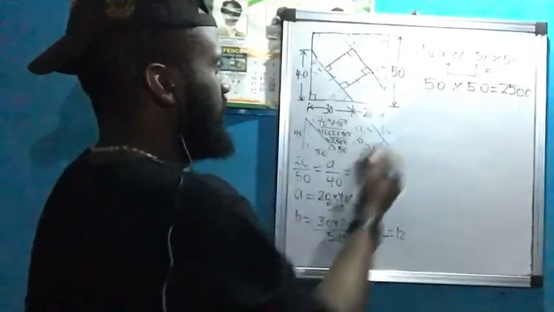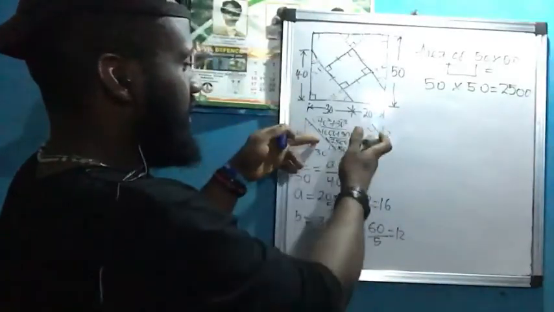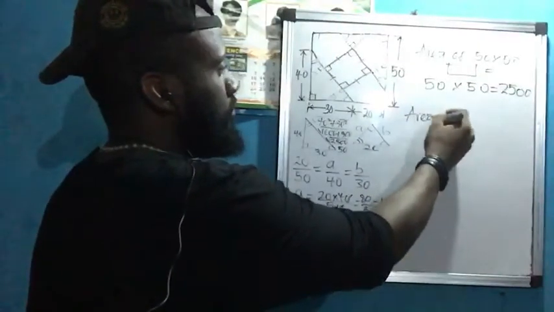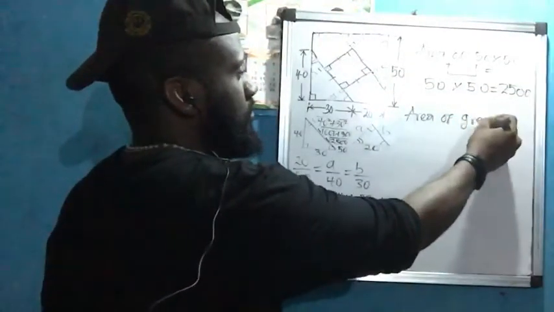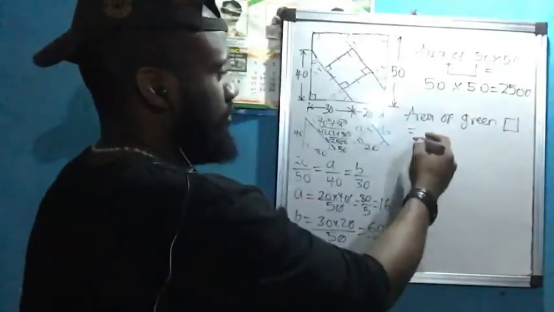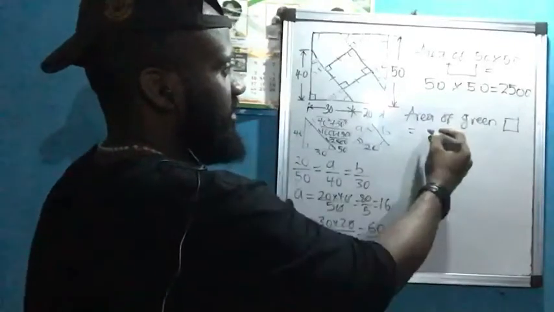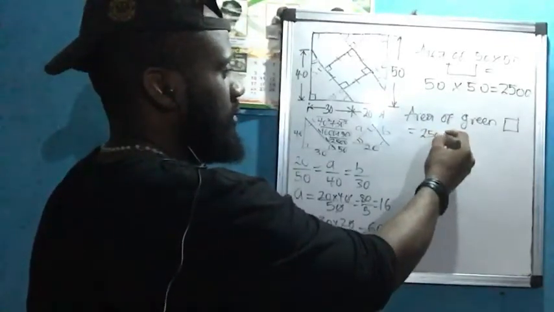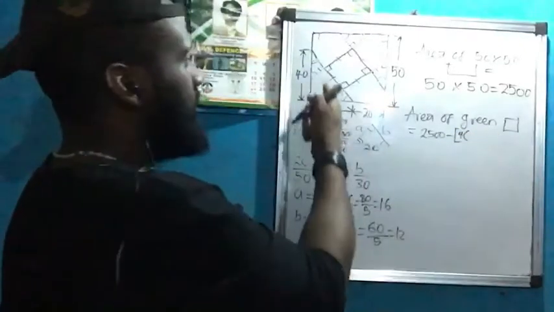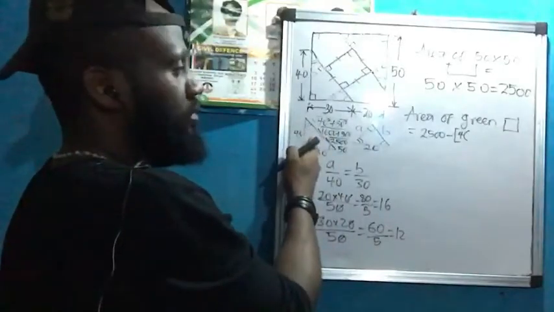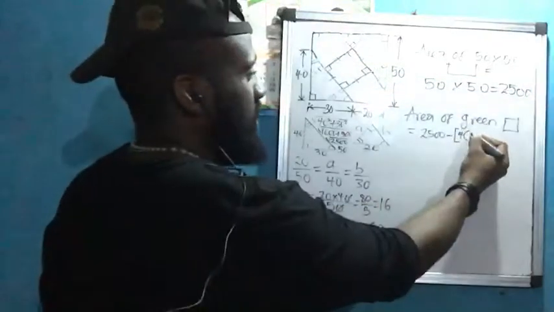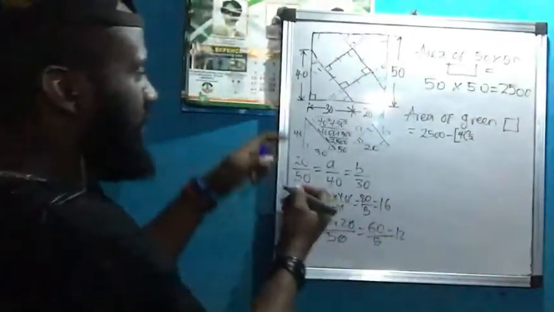Then, because we already have these areas now, the area of the green square would now be equal to the area of this big square minus 4 times the area of all these big right angle triangles. And the area of these big right angle triangles will be half base times height.